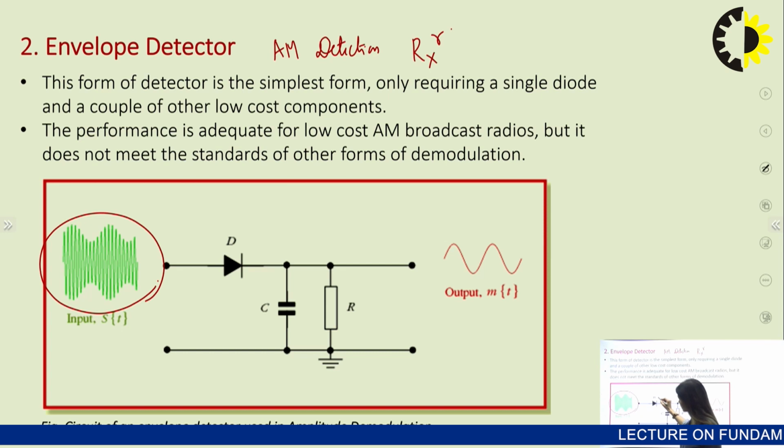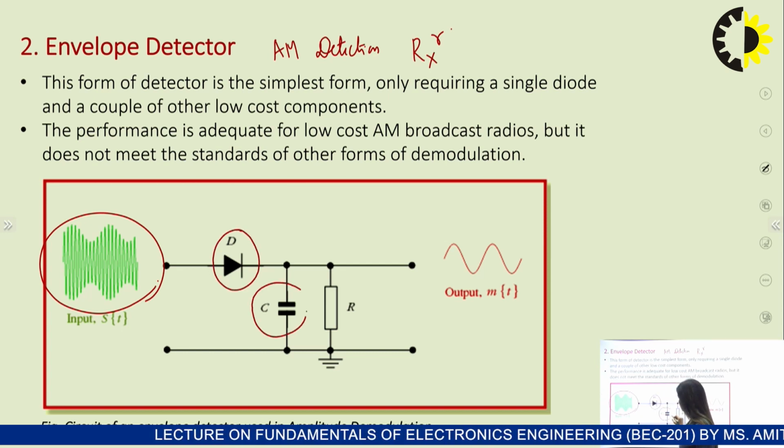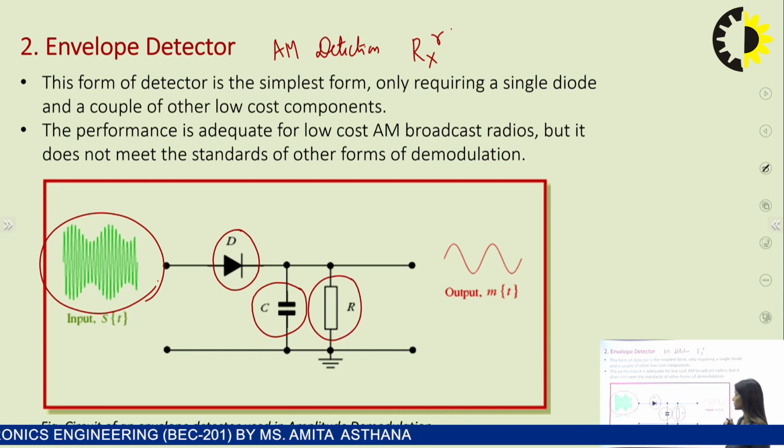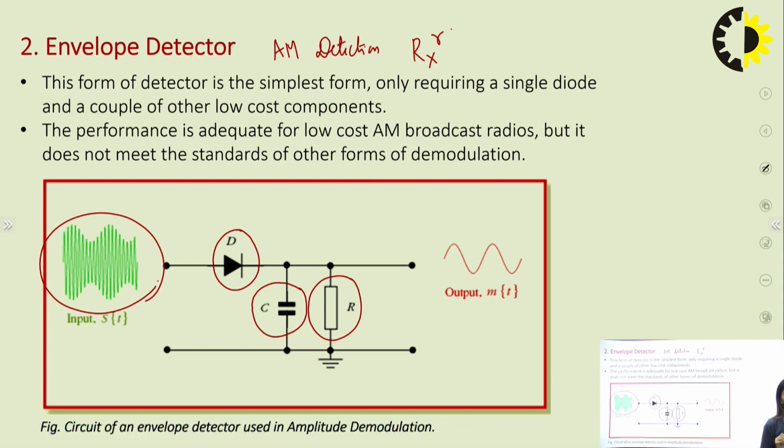We have put one diode. You are very well aware of this capacitor and this resistor. This is the envelope detector for amplitude demodulation. At the input side we give the amplitude modulated wave, and we convert it to the output m(t).